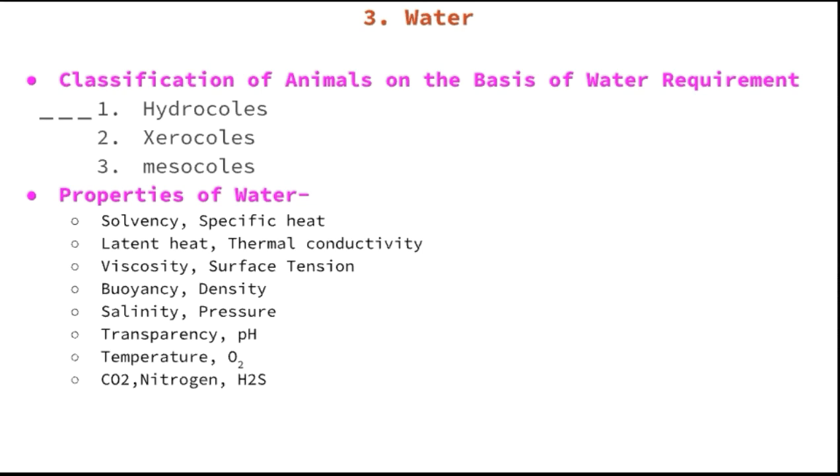Another is the thermal conductivity. Among liquids, water has the highest heat conductivity. This helps to maintain uniform temperature. The thermal conductivity of water is, I think, 0.0125.